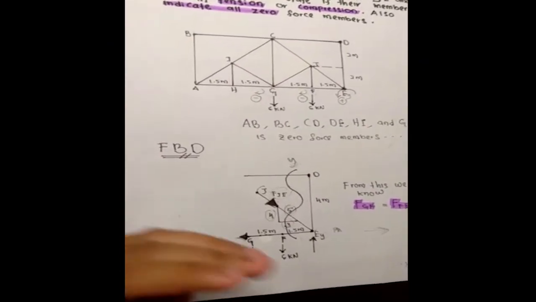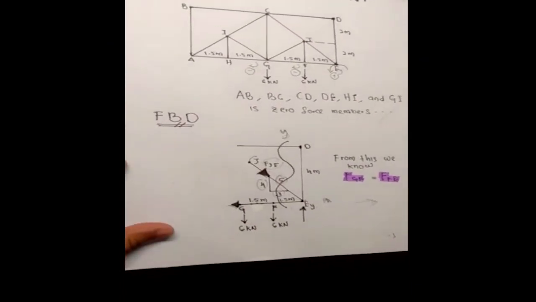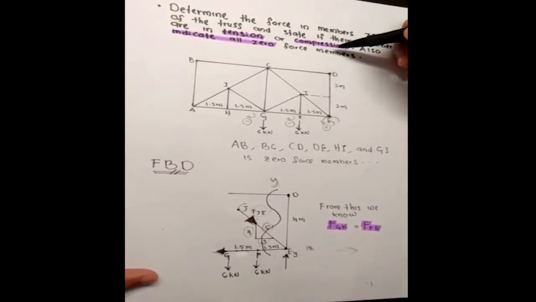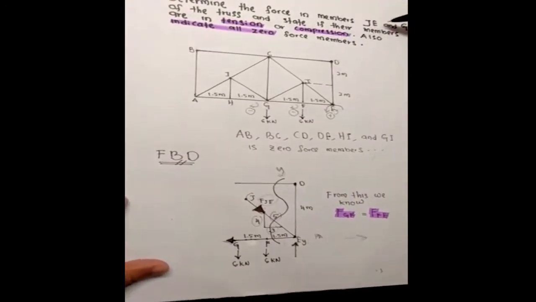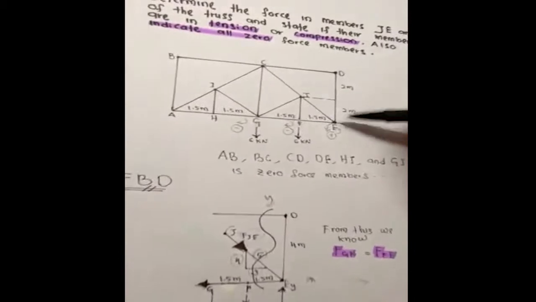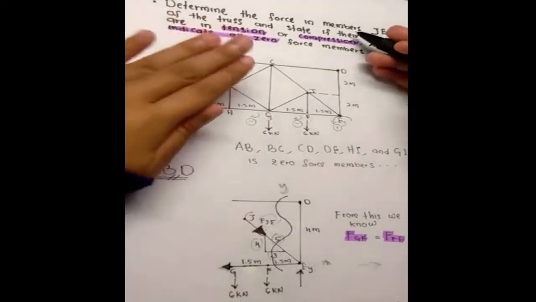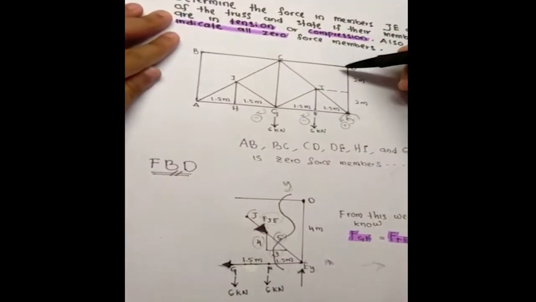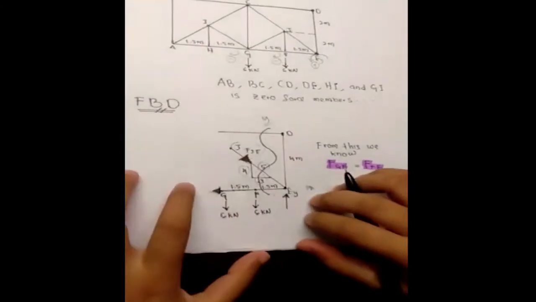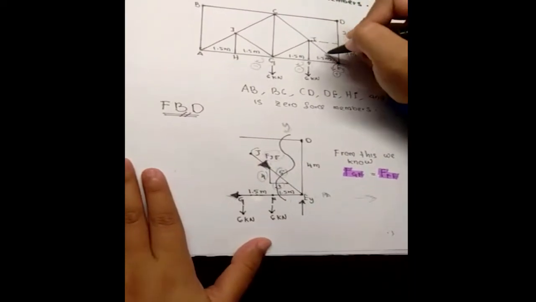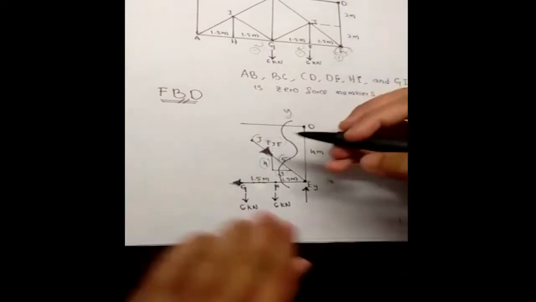The next step is we must find the tension or compression for the force in members JE and GF. So the next step is to sketch the FBD. We know JE and GF are at this part, so we focus on this part as our FBD and cut it here.